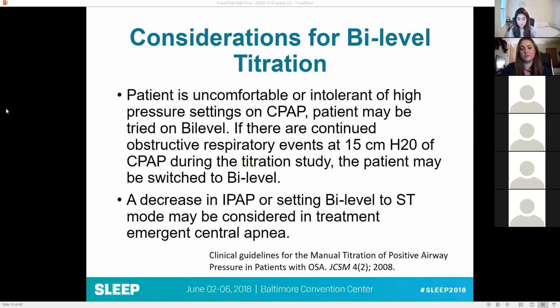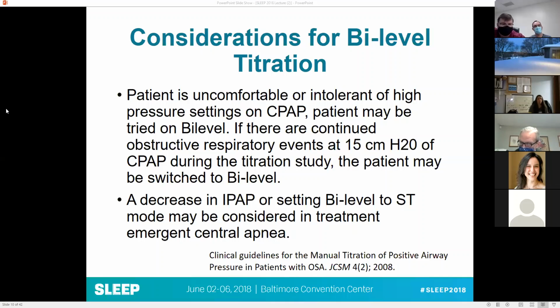There's also a phenomenon called treatment emergent central apnea, where you treat their obstructive apnea and then you see the emergence of central apnea. And a lot of times that will go away on its own. And again, the leading theory gets back to CO2 homeostasis during sleep.